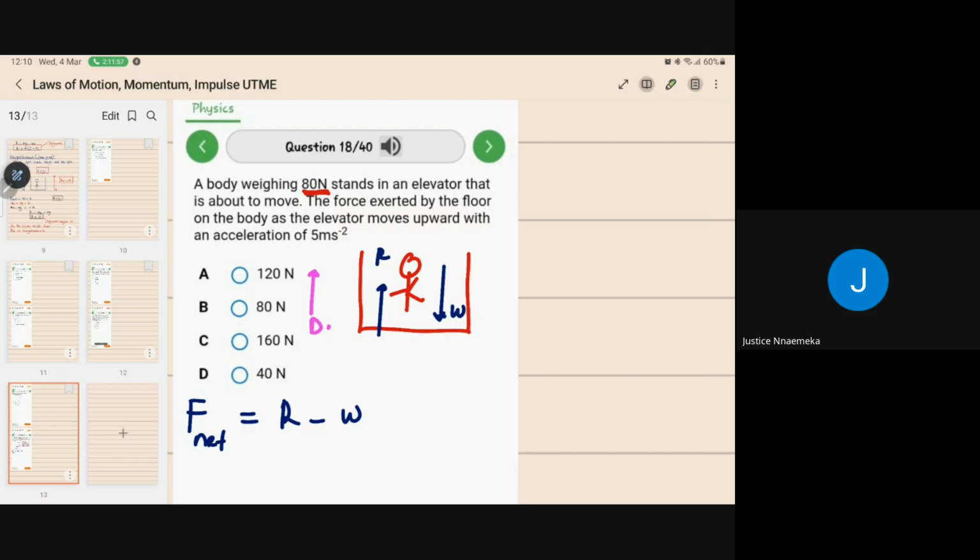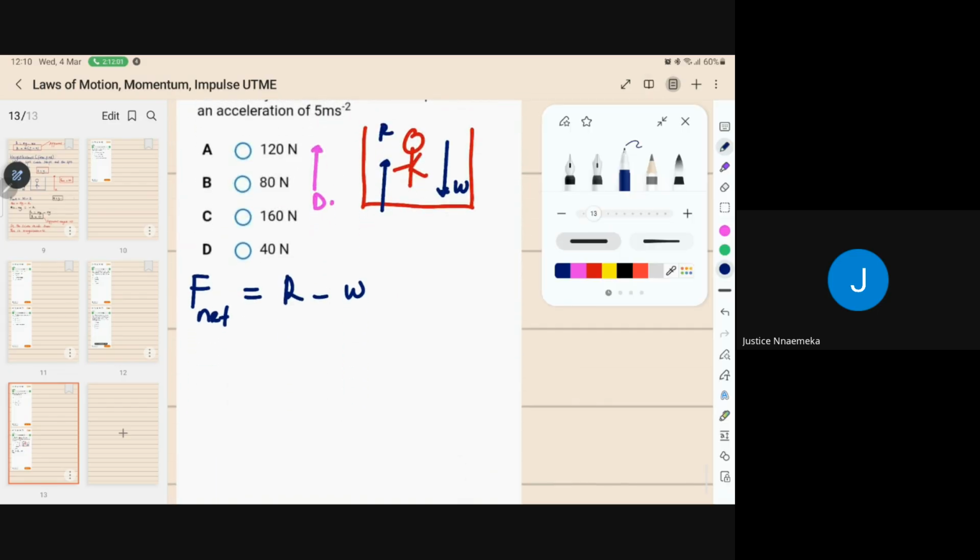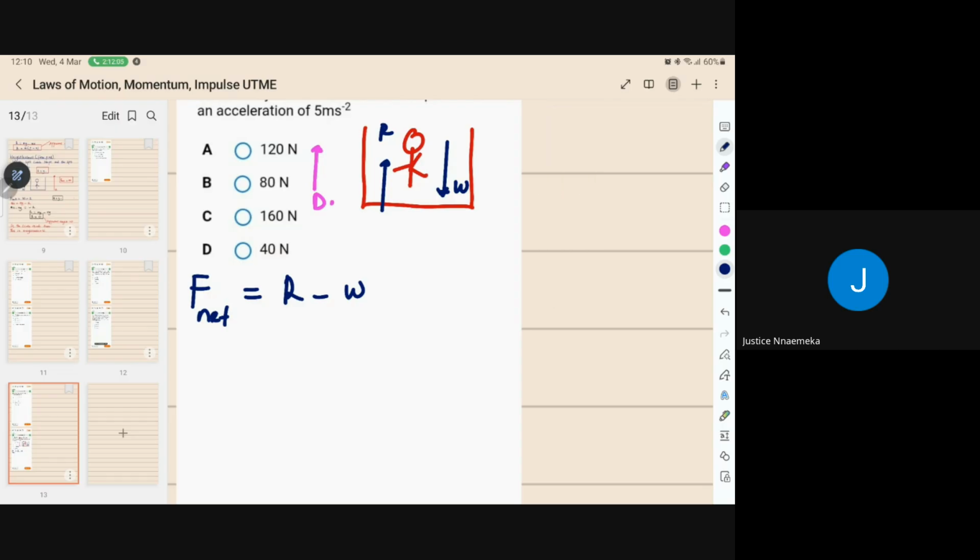Now, what else do I know? Good. Thank you, Paul, you're really following. They've given us our W. They said that W is equal to 80 Newton. They didn't give us m.